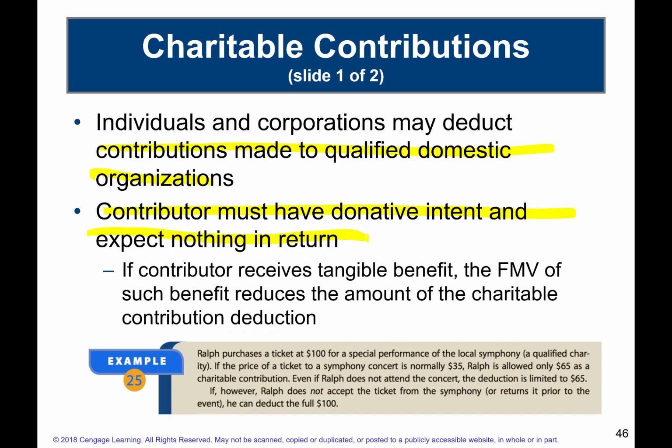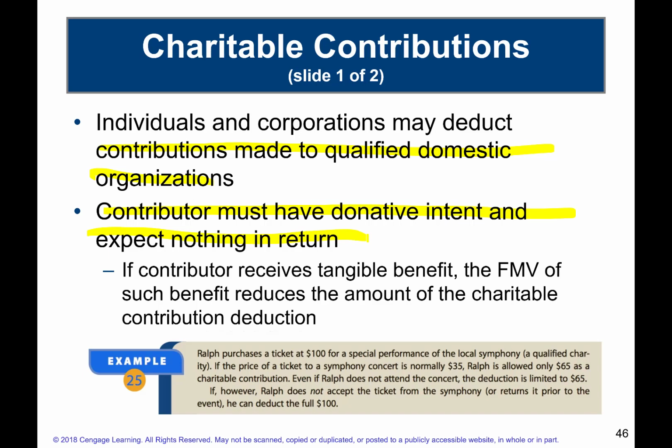So we'll see, for example, if you give money to a trade organization, what they call an IRS code 501c6 organization like the AICPA, they're not going to let you deduct that because they're thinking, well, you're a CPA and you're giving to the AICPA because you are expecting you're going to get something back from them. It has to be what they call 501c3 organizations. Those organizations that are trying to help the public, and the donor is not sitting there expecting that somehow they'll get something back in return. So it has to have donative intent.